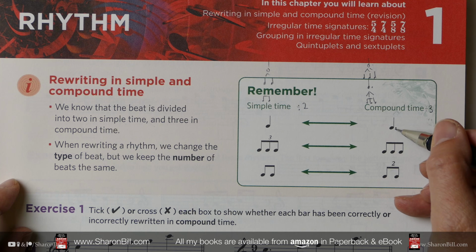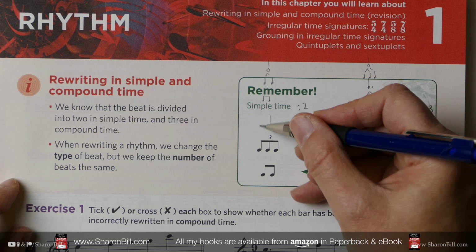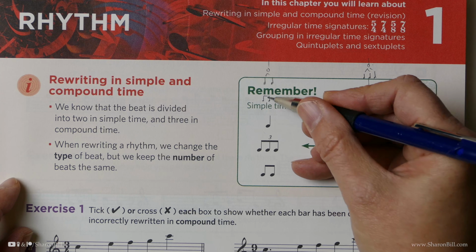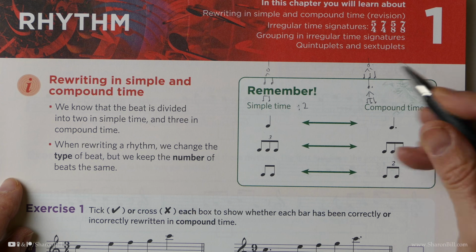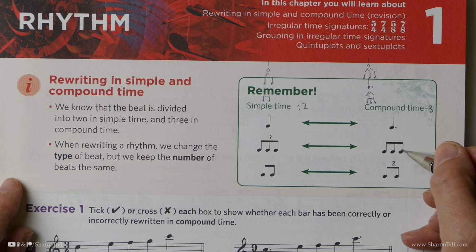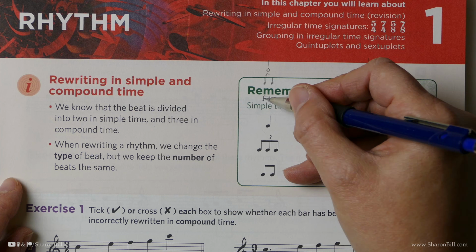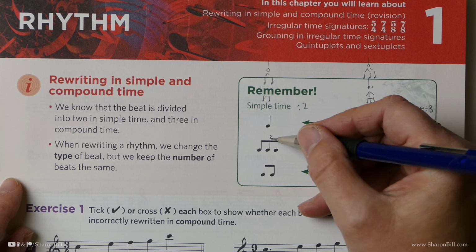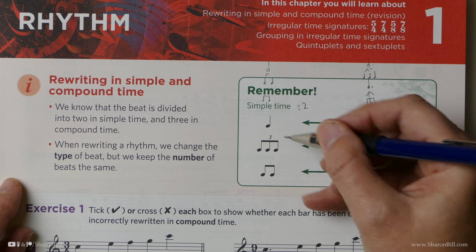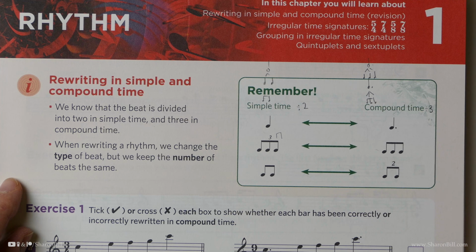So a dot after a note makes it half as long again, and so we get from a group of 2 quavers worth to a group of 3 quavers worth. And then if we've got a group of 3 and we need to squish it into the time of 2, we can use a triplet sign, because a triplet does squeeze 3 into the time of 2.